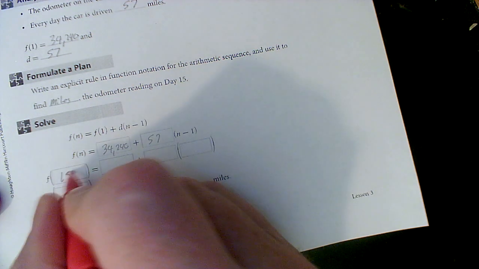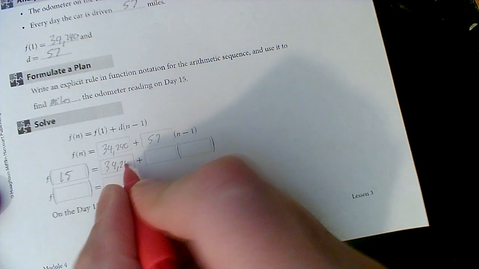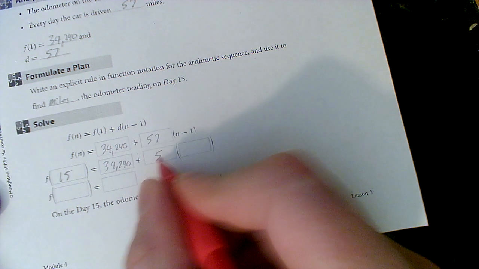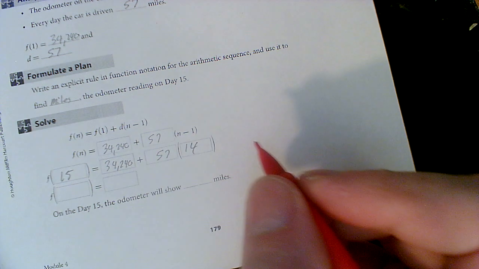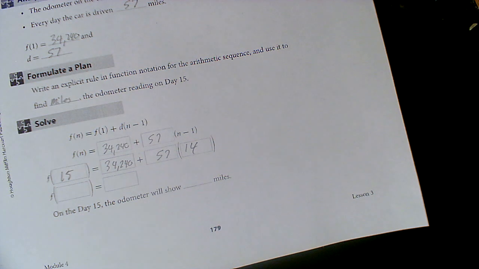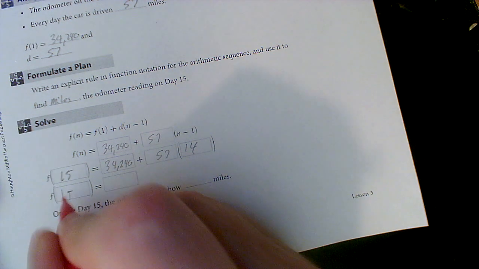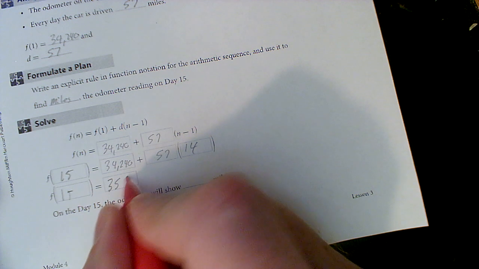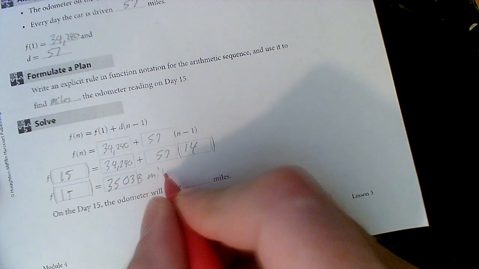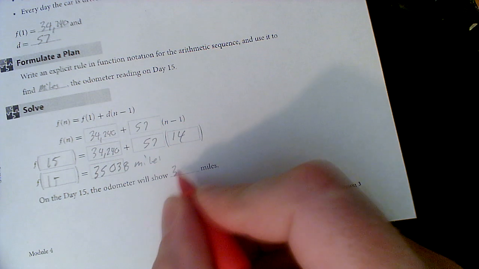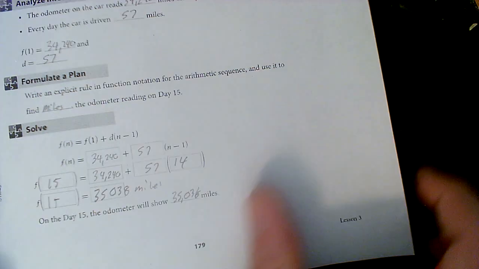So on day 15 there's 34,240, and I drive 57 miles for 14 more days, right? Not the first day, just the other ones. So 57 times 14 plus 34,240, and after 15 days I've traveled to 35,038 miles. So it will read 35,038 miles on that day.